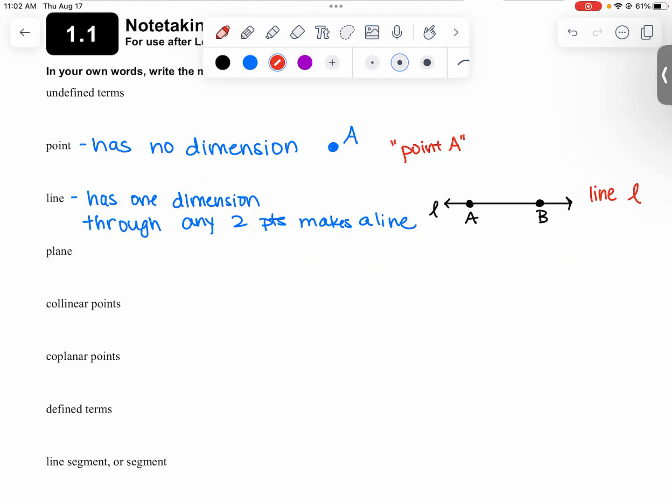Like your name is Nora and your name is Alexa. This line's name is L. We can also name a line based off of any 2 points it goes through. If we do that, we have to use this notation. So AB with the line above it, or we could name this BA with the line above it. It wouldn't matter the order.